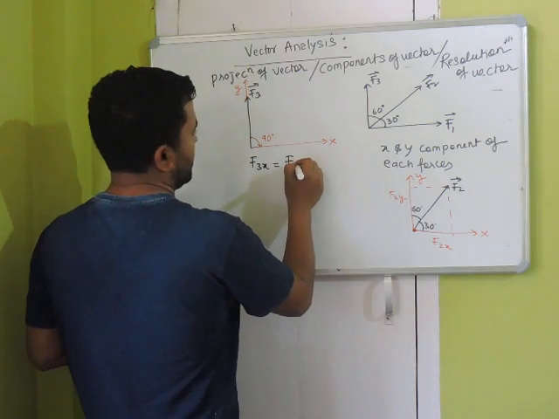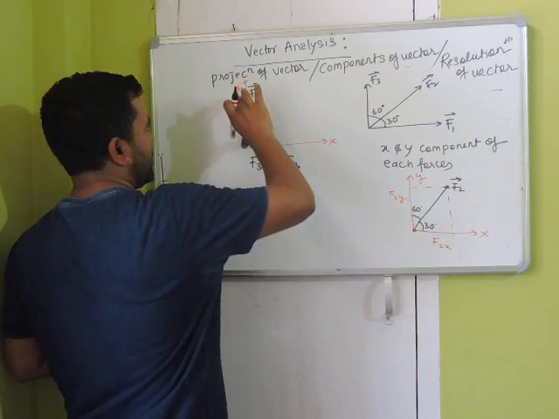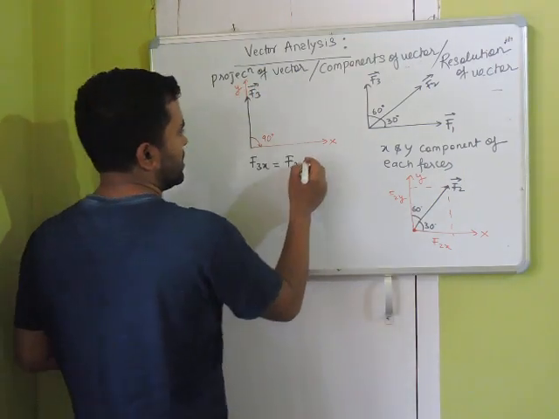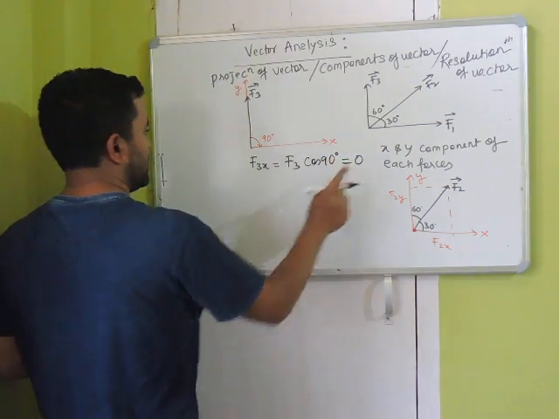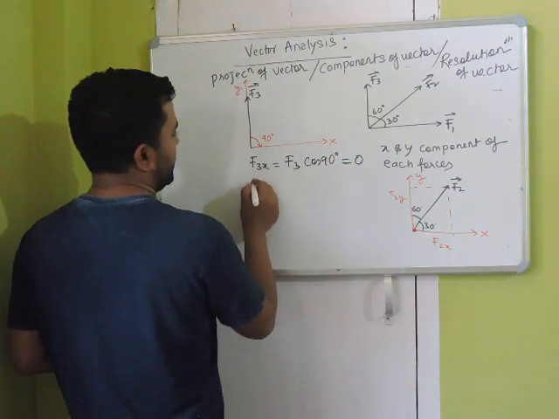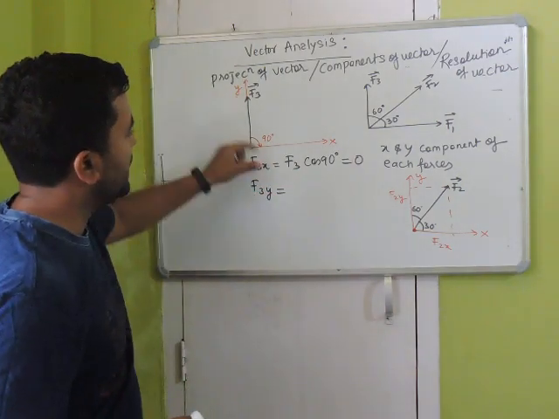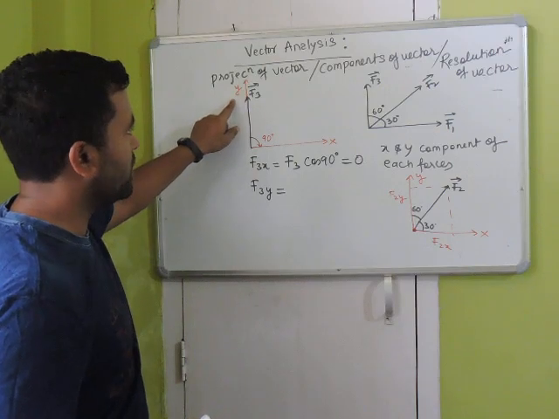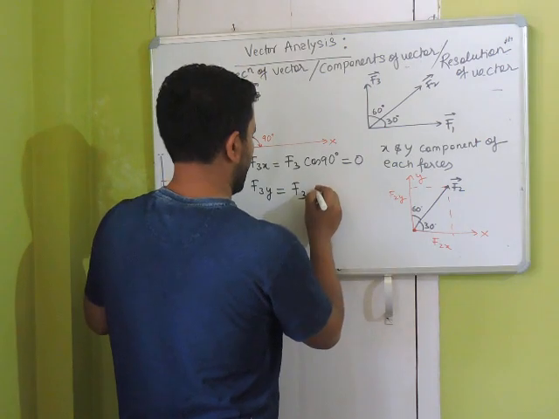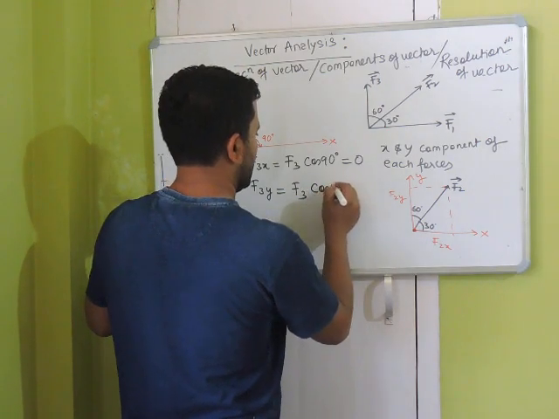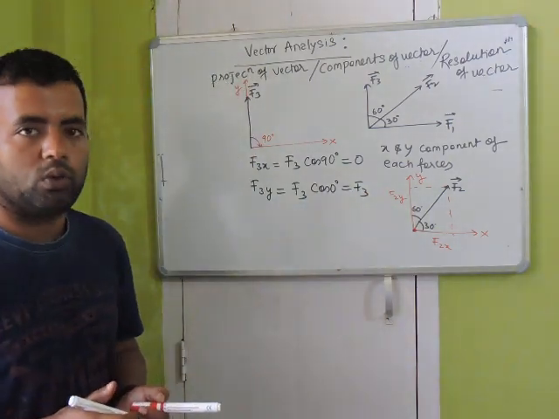It is the magnitude of the vector times cos of the angle the vector is making with the x-axis. So cos 90, which is 0. Then what will be the f3y component? It is the vector times cos of the angle it is making with y, that is f3 times cos 0, which will be f3, and you can see that it is acting along that direction only.